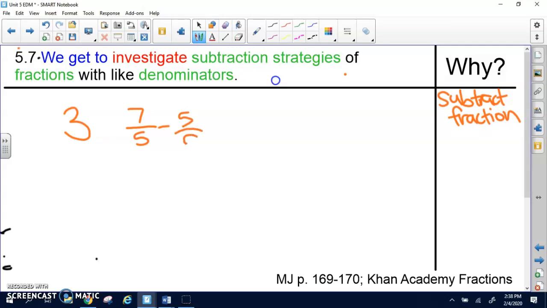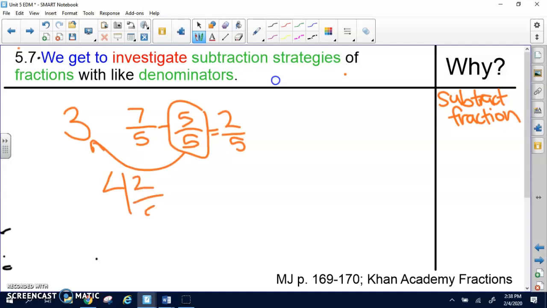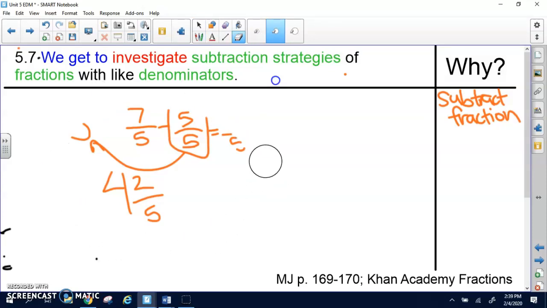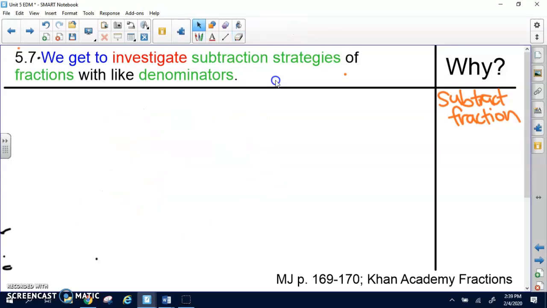It would be 5/5, right? So we take that out and there's 2/5 left over. So that whole gets added back to this, right? So now the proper answer is 4 2/5. Is everybody okay with this simplifying conversion? Excellent. It's something that you're going to have to start practicing more in your conversions.